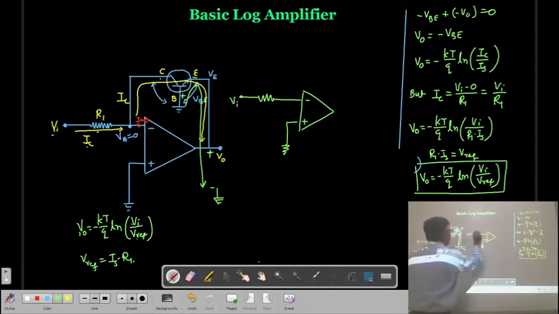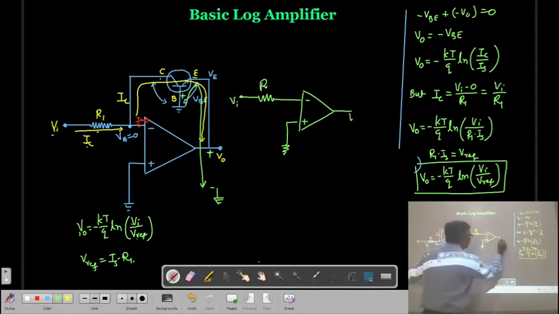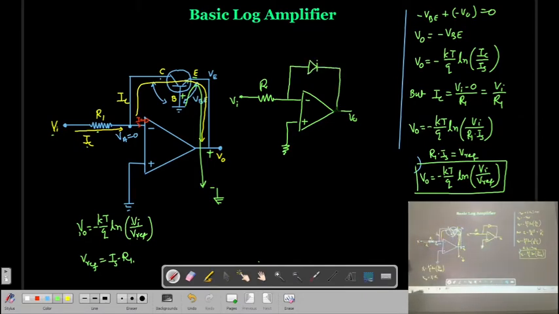This is your Vi, R1, output voltage is there. Now instead of a transistor, in the feedback path, one can connect a diode. Here also actually the transistor is working as a diode because the base terminal is connected to ground, and the collector is also connected to a ground, that's a virtual ground. So the base to emitter junction is 0. So here it is working as a kind of diode.